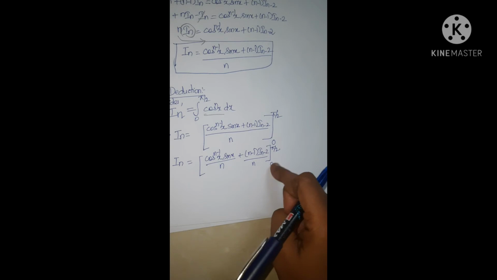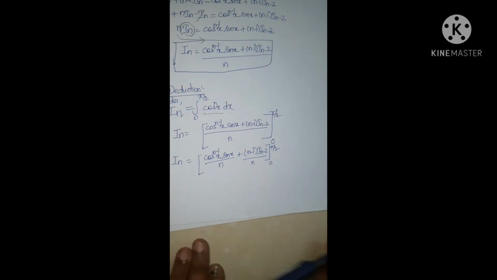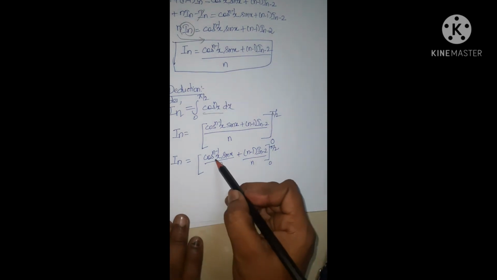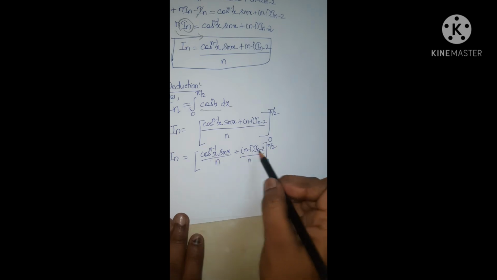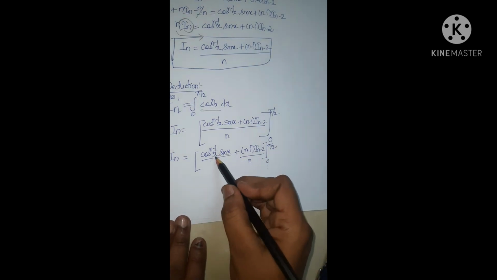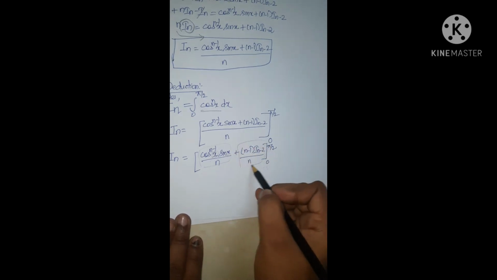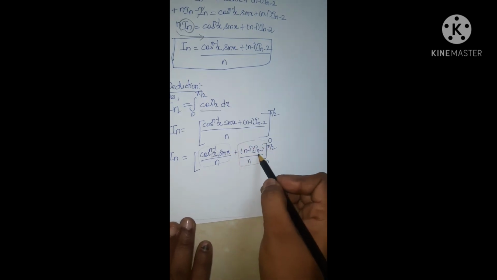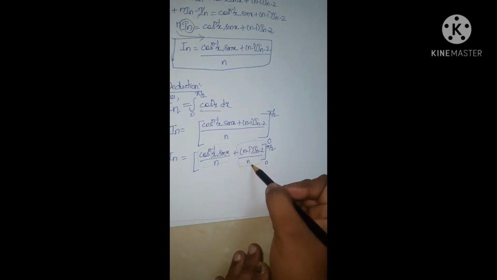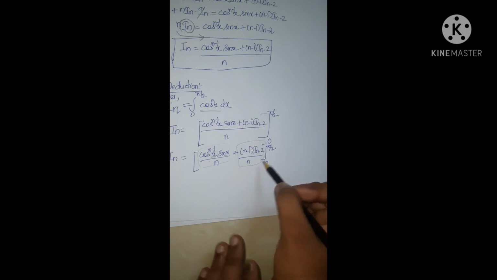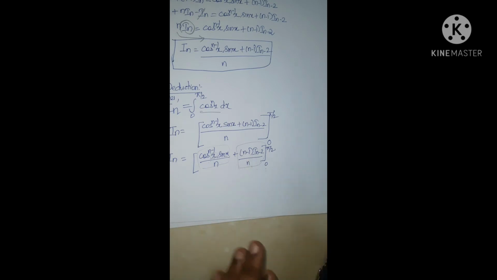To which part of the expression do we apply the limit? Wherever we see the function of x. Only if we have a function will we be able to apply the limit. So from these two expressions, the function is present only in the first part, whereas the second part is going to be constants. The constant I(n minus 2), or I can say there is no x function in the second part of the expression. Hence we use the limit only for the first part, and the second part is treated separately.